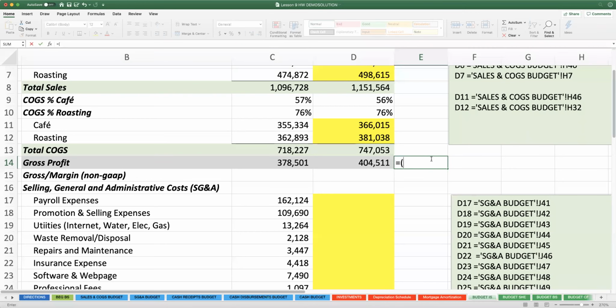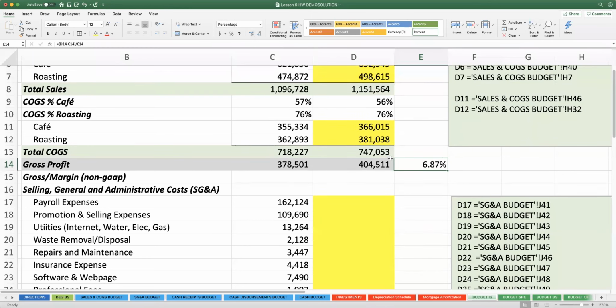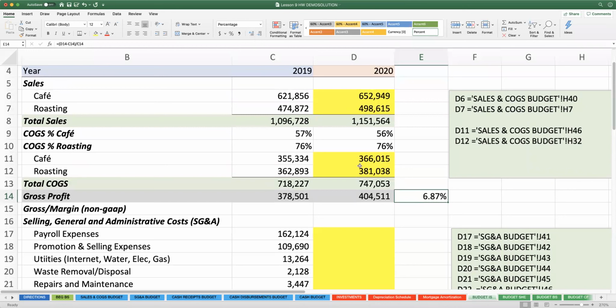let's look at this. So if we take this number and we subtract this number, and then we divide by where we started, that gives you an idea of how much growth you're going to get out of a 5% growth in sales. And the reason why you're getting a little bit more punch out of that than 5% is because you had some fixed costs that were in here.